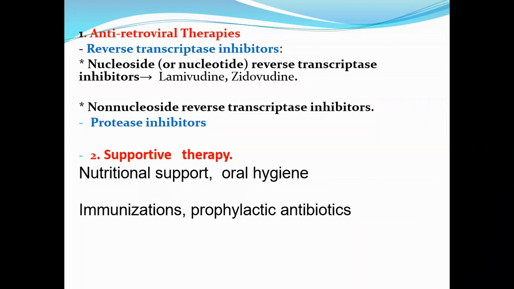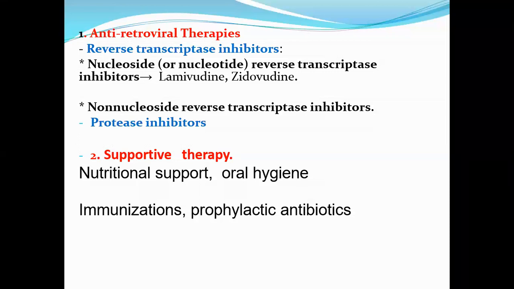We have two groups: nucleoside reverse transcriptase inhibitors, with common drugs here being lamivudine and zidovudine. The other is non-nucleoside reverse transcriptase inhibitors, which includes the group called the protease inhibitors. We have some side effects for these drugs, but they are not mentioned in this lecture. So as the first line, we give antiretroviral therapies.